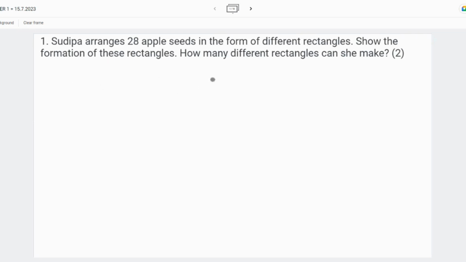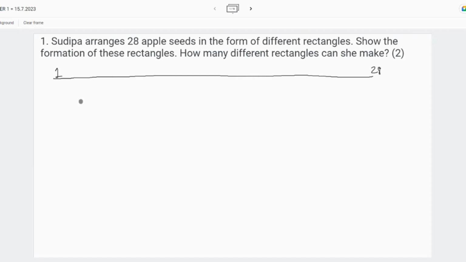So if I want to arrange 28 apple seeds in a straight line, I'll have the first apple seed and the 28th apple seed on the same straight line. Now if I want to have two lines of apple seeds, I'll divide 28 by 2. 28 divided by 2 gives me 14.